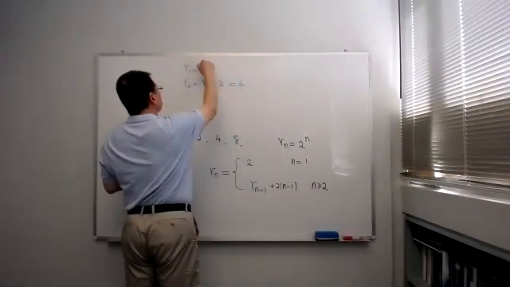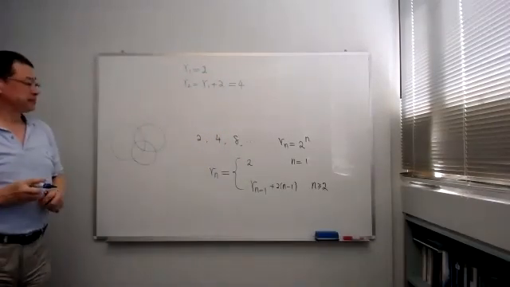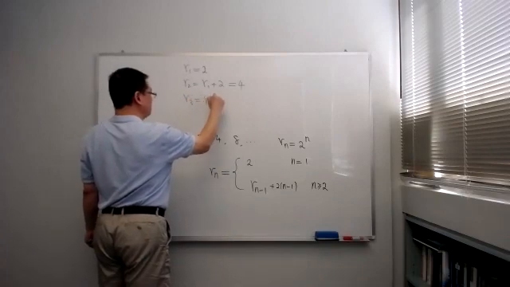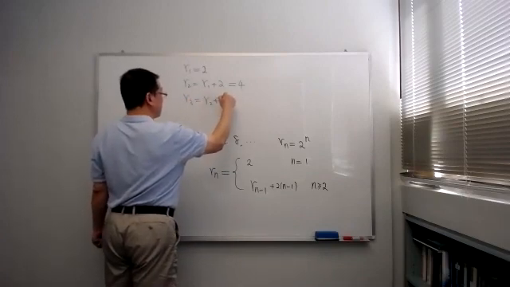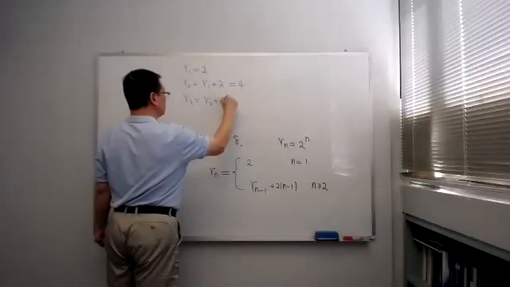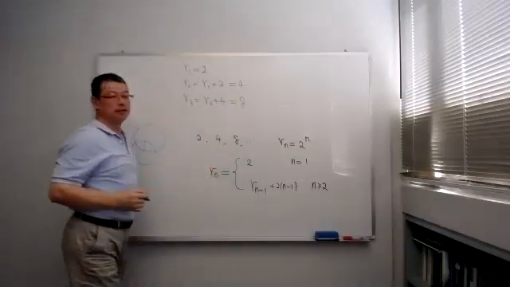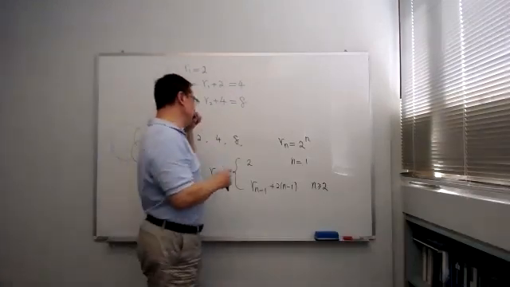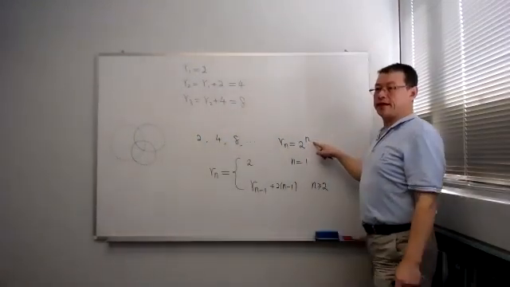Then R3 equals R2 plus 2 times 2, so 4. So from our first 3 values we see that Rn equals 2 to the power n.